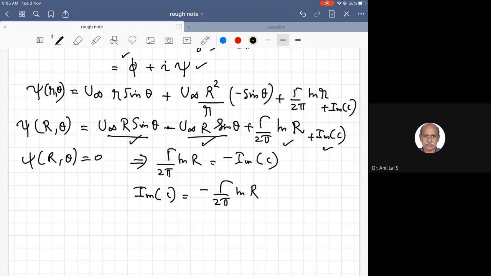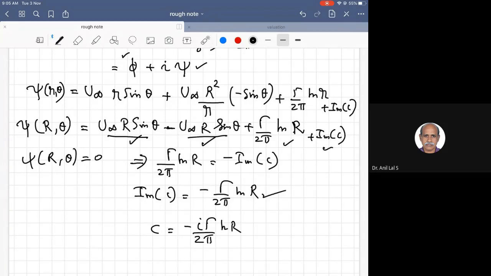So that real part can be taken to be 0. In that case, we can take C equal to minus i gamma by 2 pi log R, so that the imaginary part becomes equal to this.